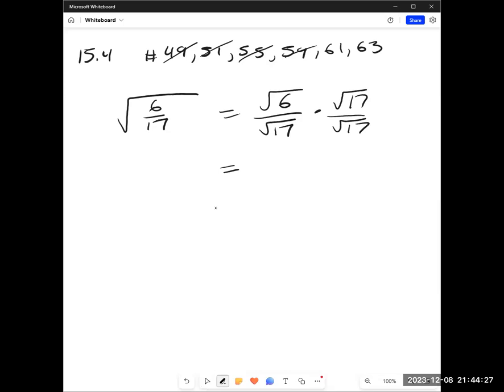Nothing's going to come out as a perfect square because 6 is a 2 and a 3, and 17 is a prime number, so I'm just going to get a big number multiplied together up there. This is going to be a 17 on the bottom, and 6 times 17 is 102. So 102 is what I have inside the square root sign in my numerator, and that can't be broken down anymore. We have a 17 in our denominator.